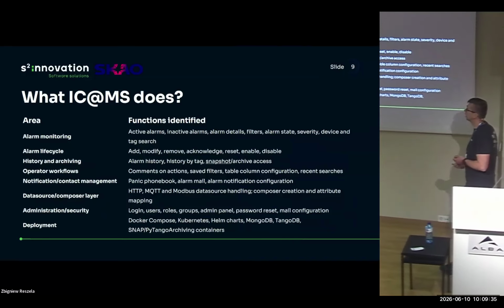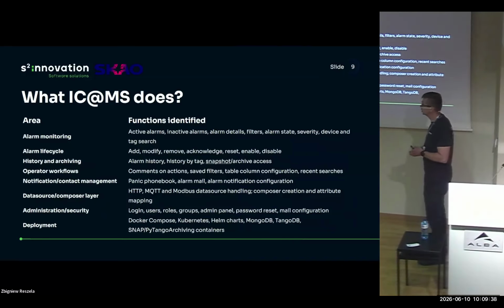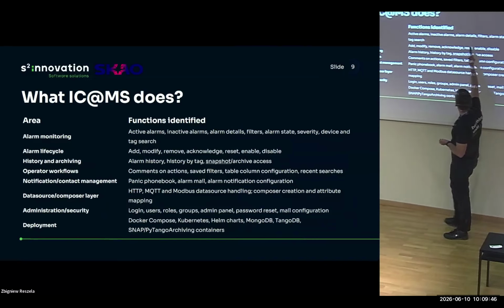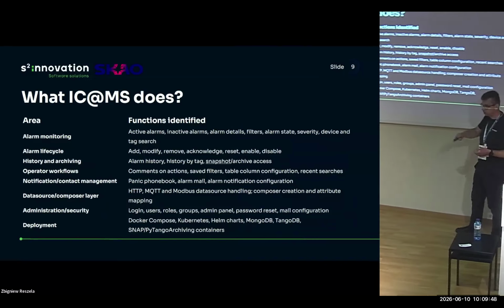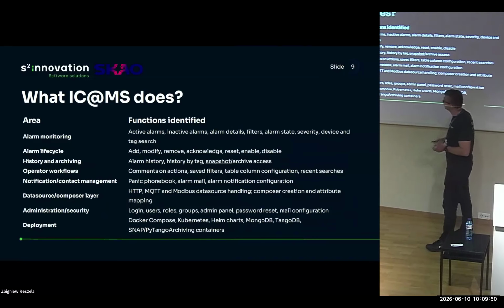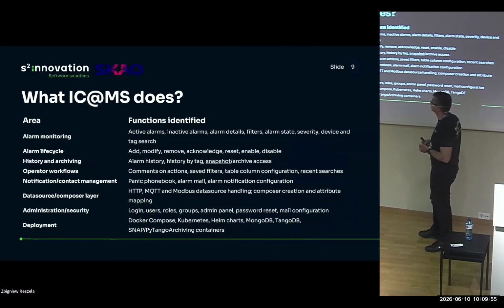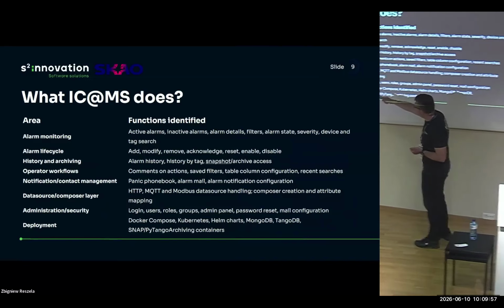So what the ICAMS does, it's not only to show the alarms, it is a little bit more. First, alarm monitoring: active alarms, inactive, alarm details, filters, and so on. Then the monitoring, search through the tags. Then the history of the alarm.